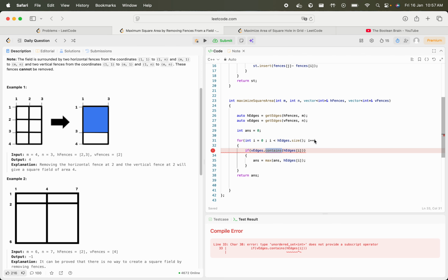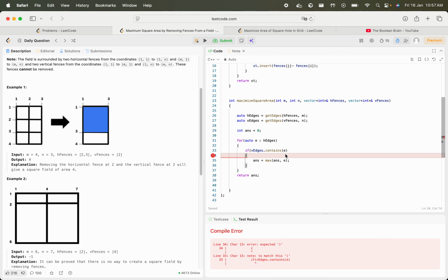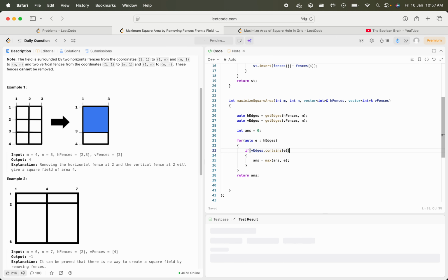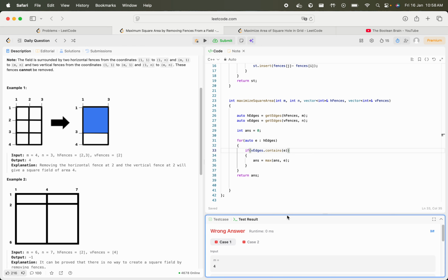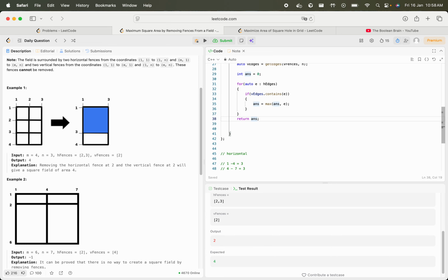Okay, instead of doing this, let us add h in horizontal set. Okay, let us try to run now. Okay.